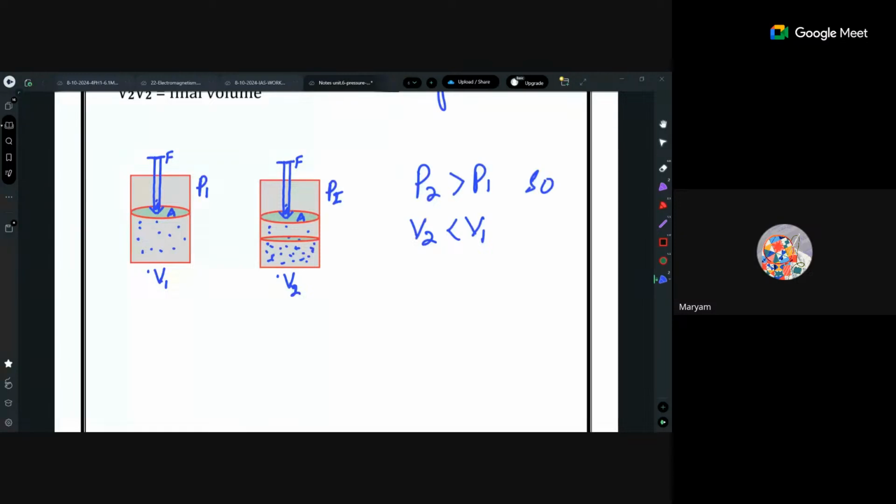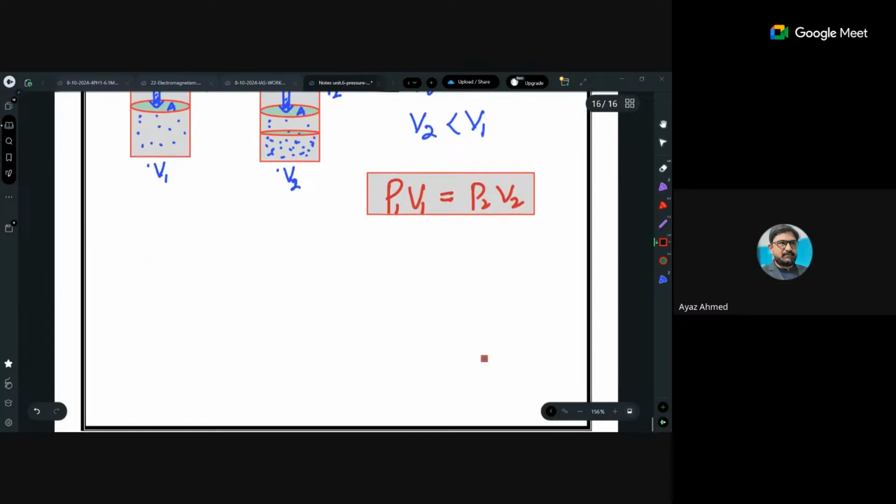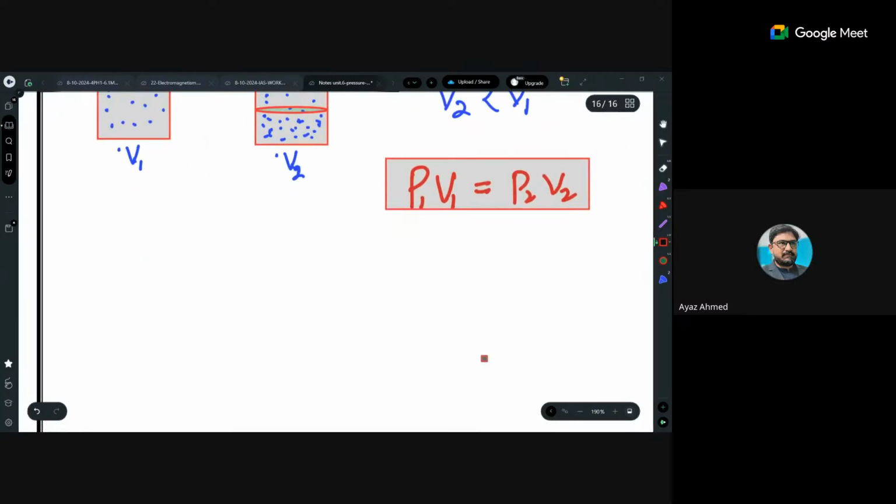That is why P1 V1 is equal to P2 V2. This is an equation which is used to solve questions or to calculate the pressure at any situation.